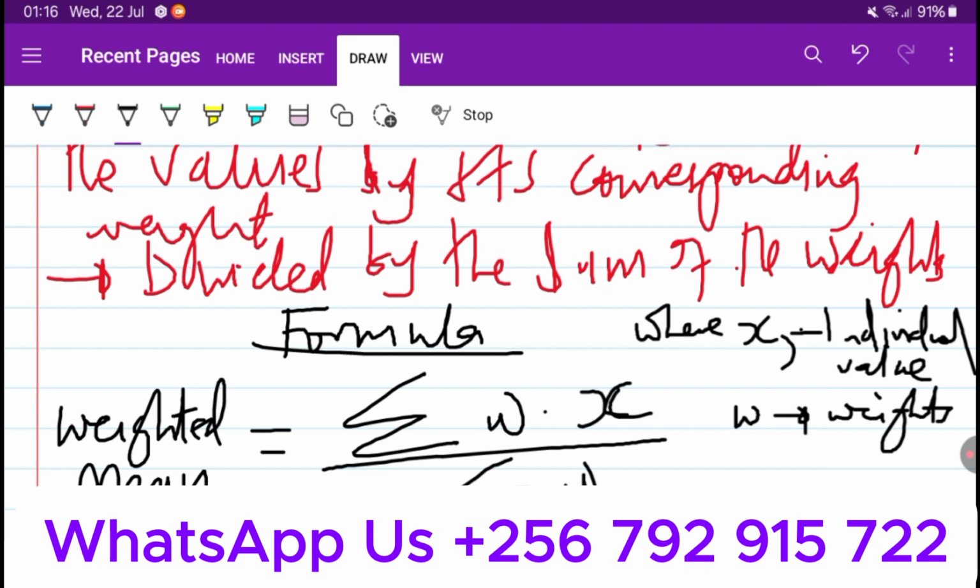So for this one, for the weight from weight n, all the individual values, then n, maybe this n will represent the number of values.